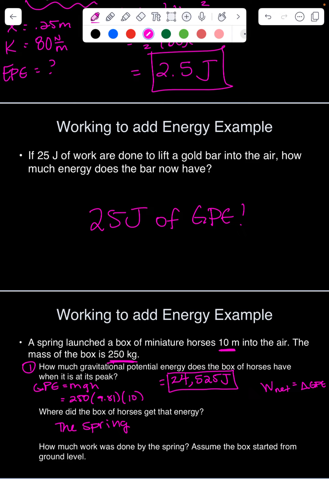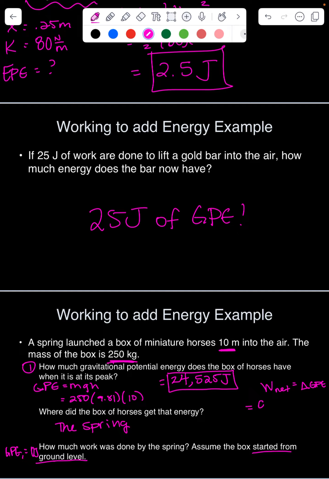Because we were told that the box started from ground level, the initial GPE is going to be 0, because height was 0. There was no gravitational potential energy at the bottom.